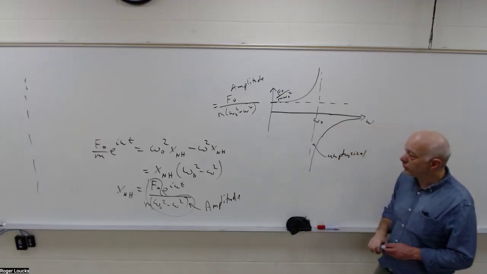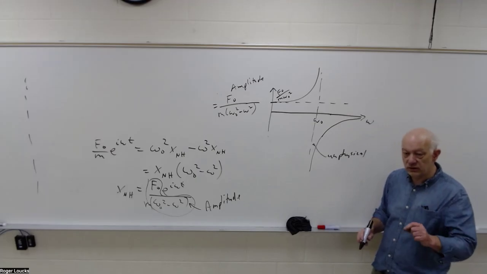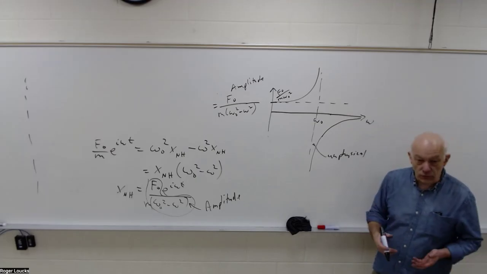Now, why was it really nice to use e to the i omega t when we said the driving term is either, because it could be a sine or a cosine?